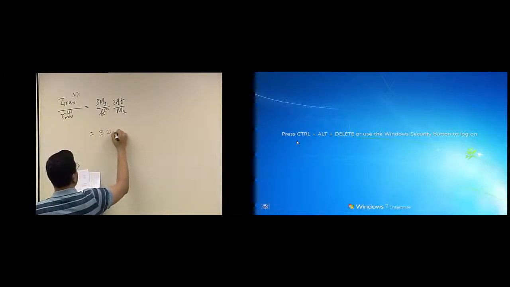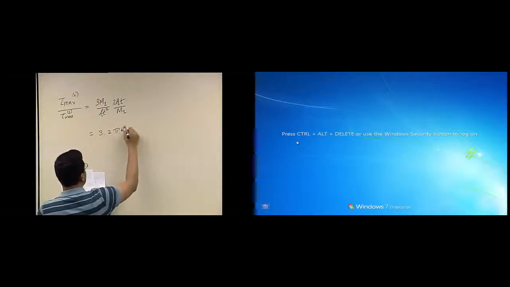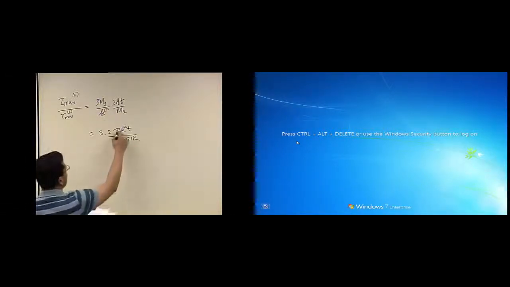And then you can cancel off terms. So essentially you'll get 3R over T. R is this distance and T is the thickness. Right.